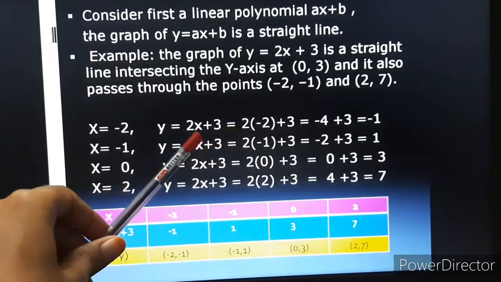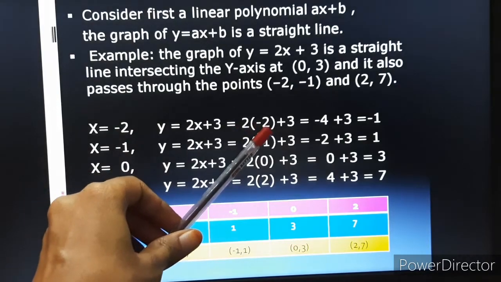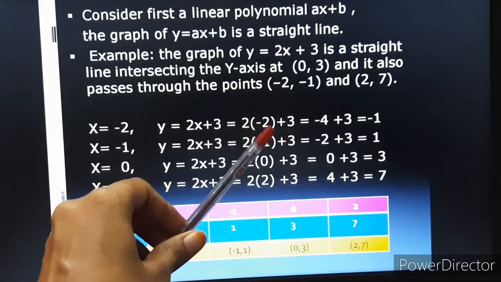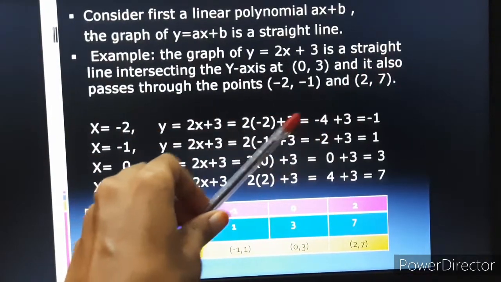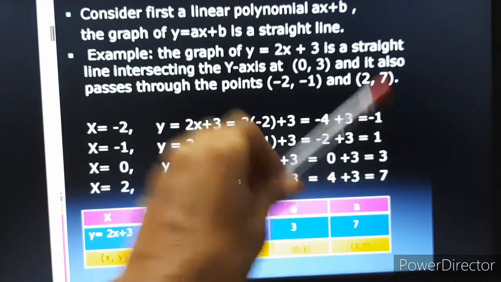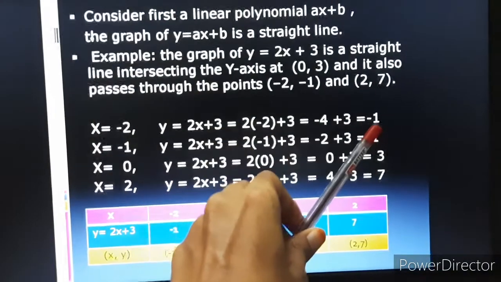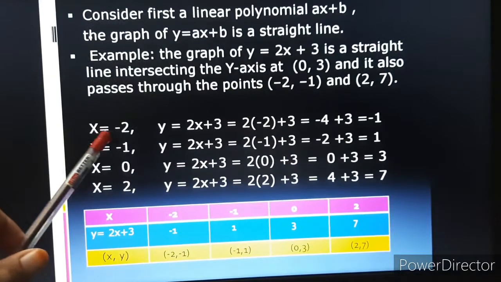In the place of x, I am substituting minus 2. So 2 into minus 2 plus 3. 2 twos are minus 4, plus 3. Minus 4 plus 3 becomes minus 1. When we took x as minus 2, the y coordinate became minus 1.